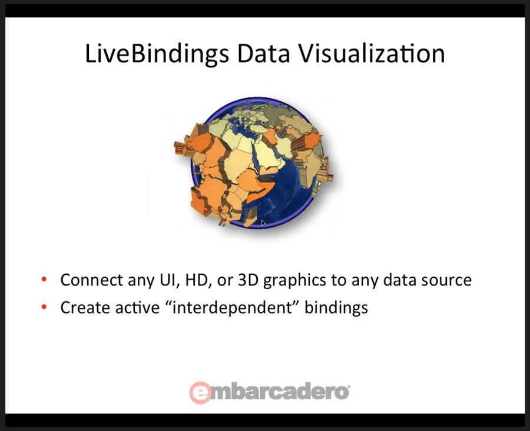So really, without writing any code, I'm able to iterate through a bunch of data over time and have my 3D view of this world be updated in real time to show me the relative size of population over time of these countries. So that's an example of how live bindings can be used. It's a very dynamic way to not only map data to traditional UI controls, but also map it to new ways to visualize data.